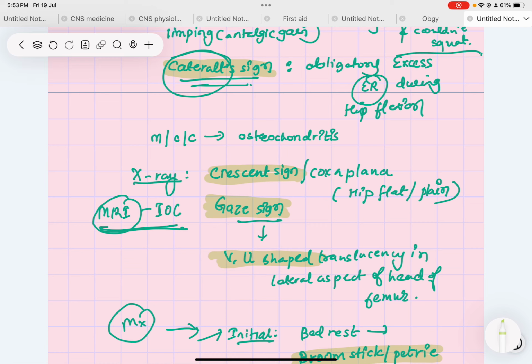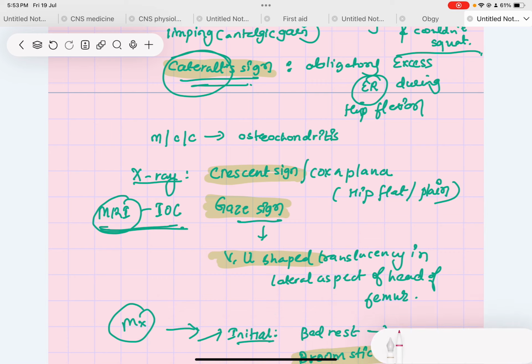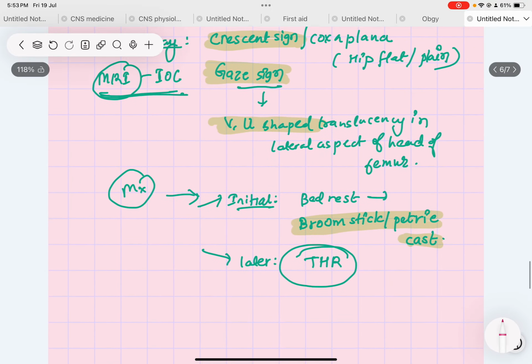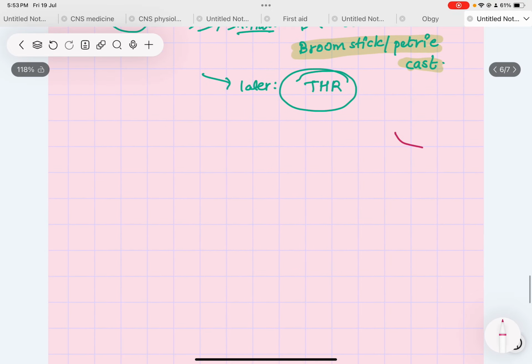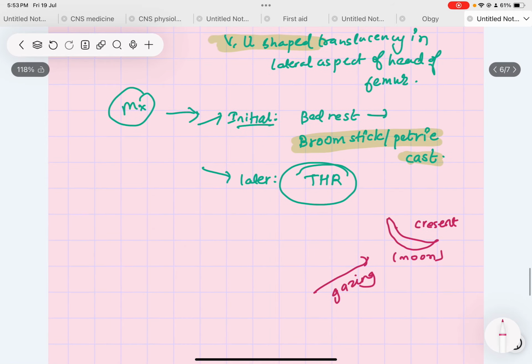So how exactly we are going to remember this? You can imagine a story that I have just now developed in my head. So crescent means you are imagining a moon. So you are actually gazing at the moon. And how are you actually gazing?